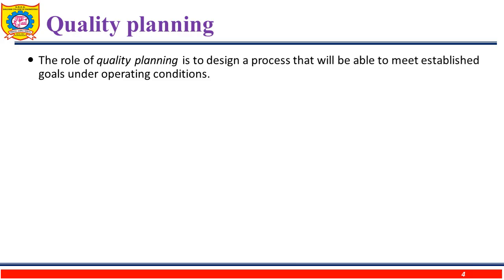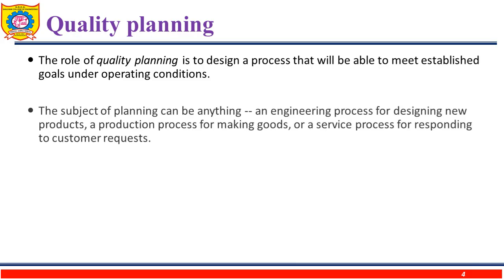The role of quality planning is to design a process that will be able to meet the established goals under operating conditions. So whatever goal the quality department has undertaken is to be followed by this quality planning process.